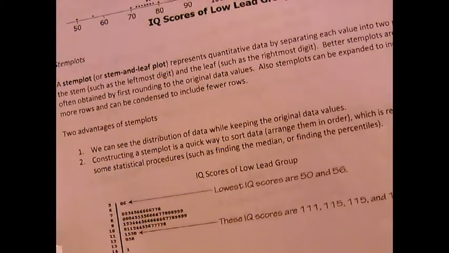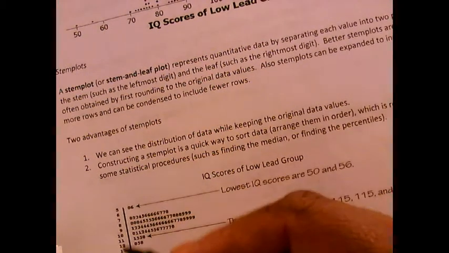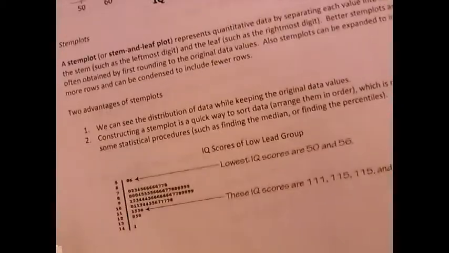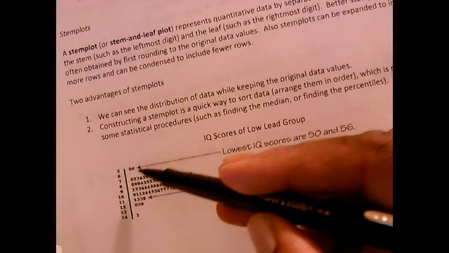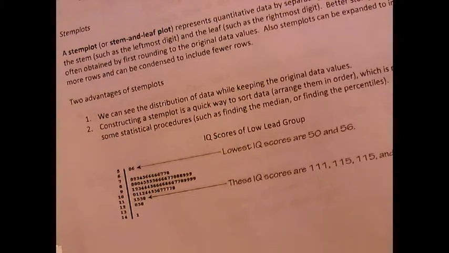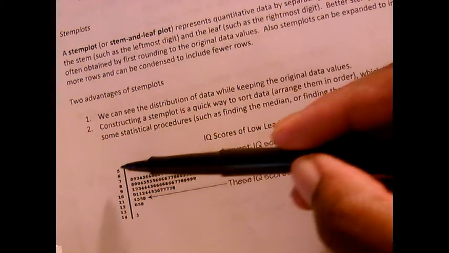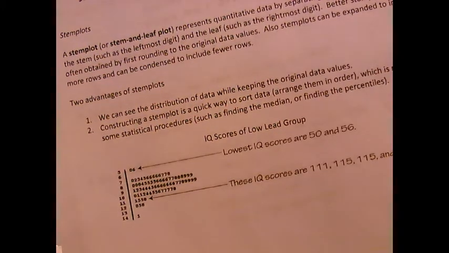You can see here the numbers on the left-hand side of this bar represent your stems, all the way from 5 to 14, and these numbers here on the right represent your leaf. So here you have the 2 lowest IQ scores, which are 50. The 5 and the 0 represent 50, and then the 5 with the 6 represent 56.